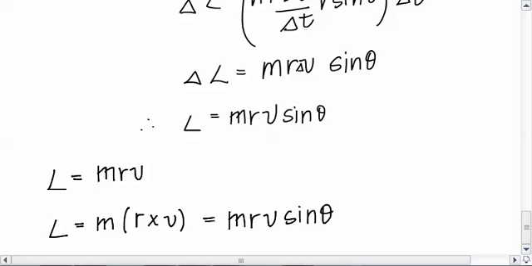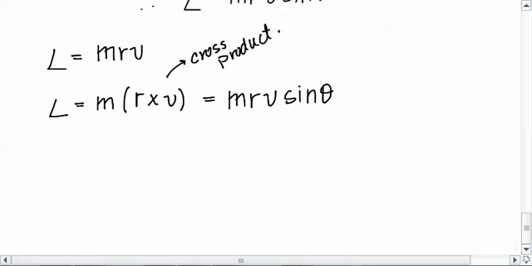This is the cross product. I don't expect you to have to solve cross product questions, but at this point it's nice to respect that the cross product exists.